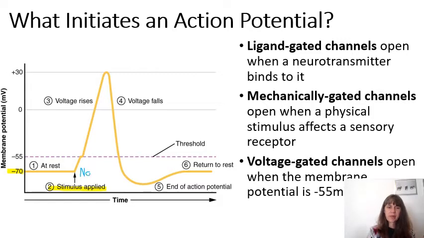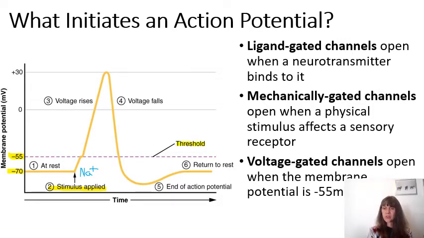Because sodium has a positive charge, that makes the inside of the membrane of the neuron less negative, depolarizing it. And if depolarization reaches negative 55 millivolts, at that point, the membrane has reached threshold.